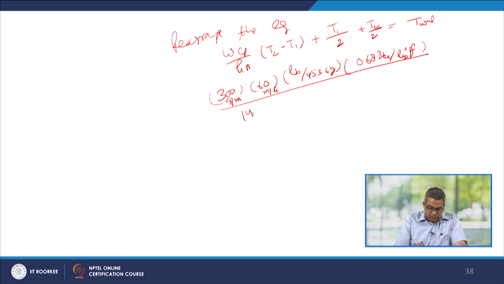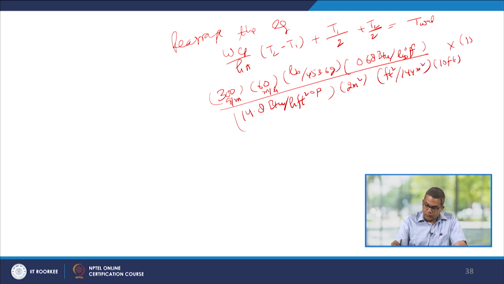Then 1 over 14.18 BTU per hour square foot, which we have calculated. Then 2 inch square, which is given, foot square over 144 inch square, into 10 foot, multiplied by 15 degree Fahrenheit plus 417.5 degree Fahrenheit, which is equal to T wall.